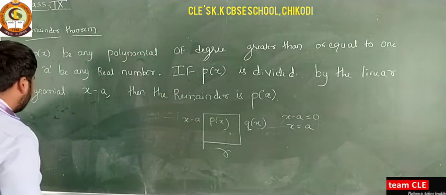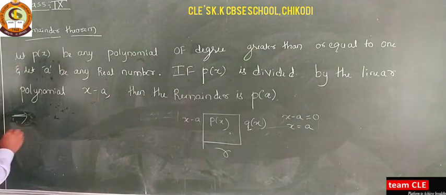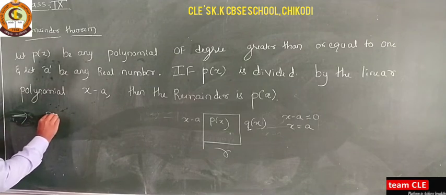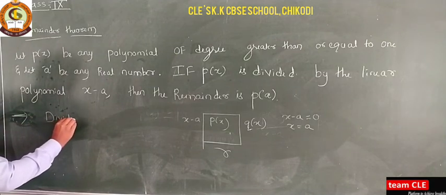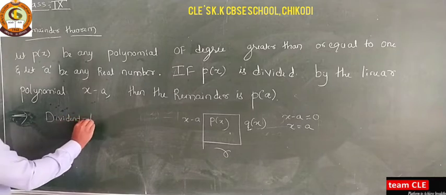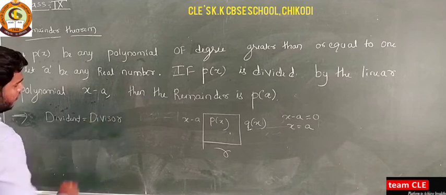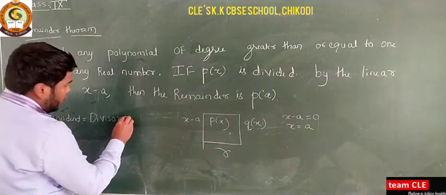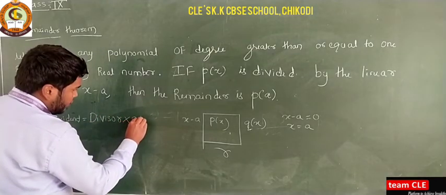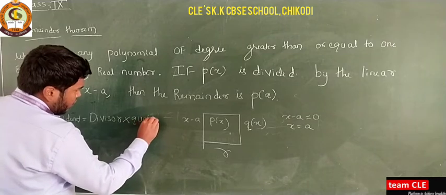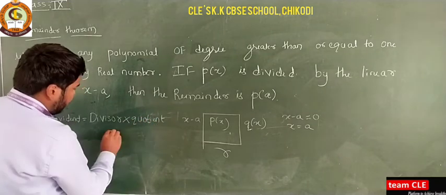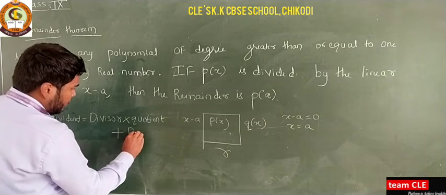What the remainder theorem also says is that dividend is equal to divisor into quotient plus remainder.